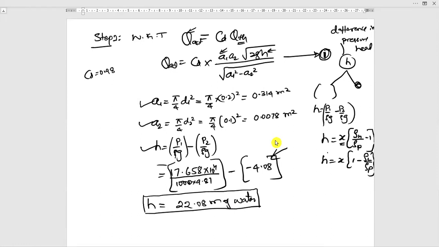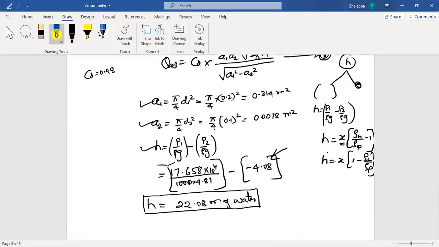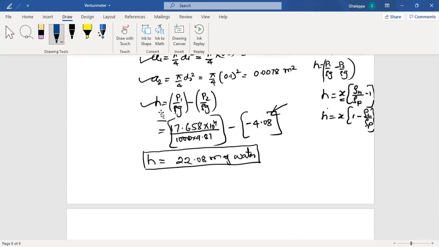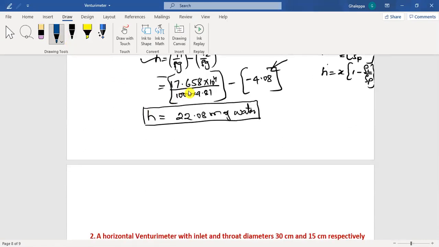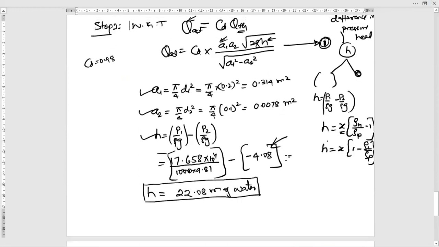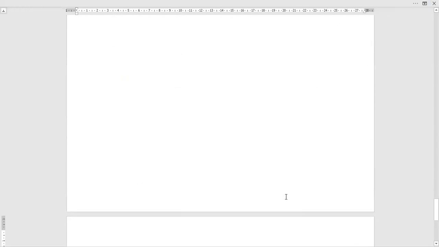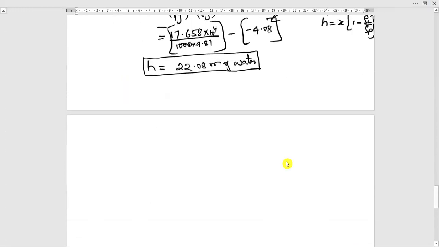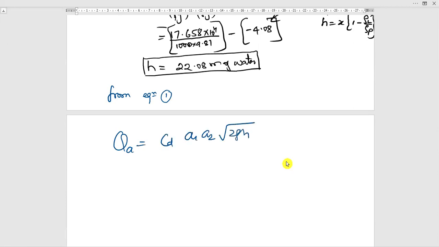So now from equation 1, I will write here, the actual discharge is equal to CD A1 A2 square root of 2gH divided by square root of A1 square minus A2 square.